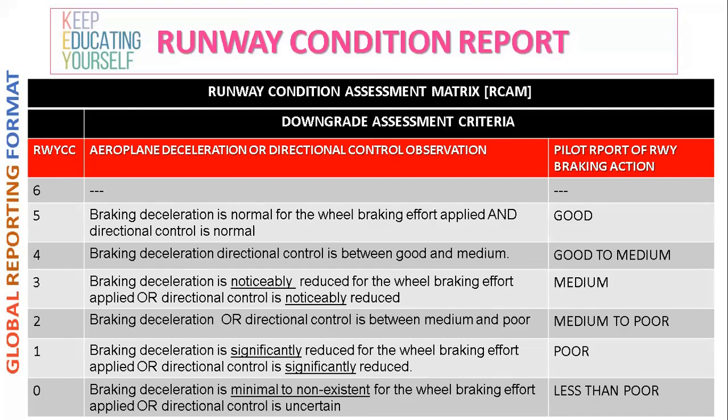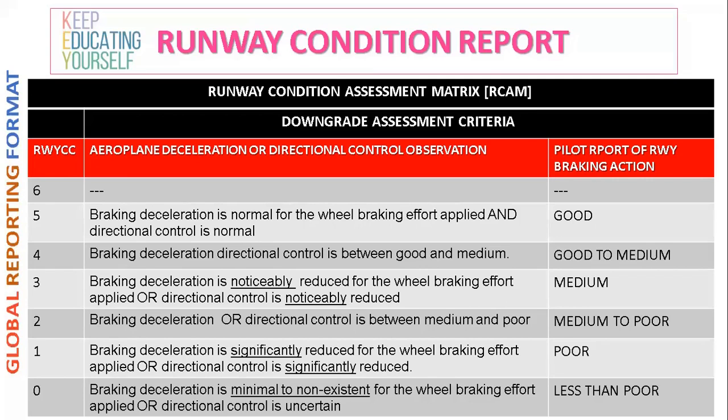If runway condition code is 6, no issues at all. The pilot will not report anything. If runway condition code is 5, aeroplane braking deceleration is normal for the wheel braking effort and directional control is also normal. The pilot reports good. If runway condition code is 4, it means braking deceleration or directional control is between good and medium.